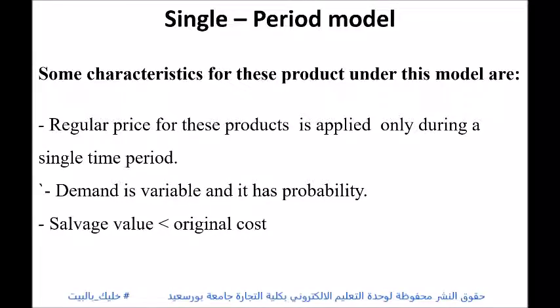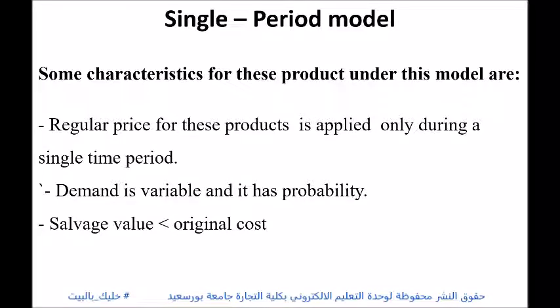This model is designed for products that share the following three characteristics. Number one, they are sold at their regular price only during a single time period. Number two, demand for these products is highly variable but follows a known probability distribution.